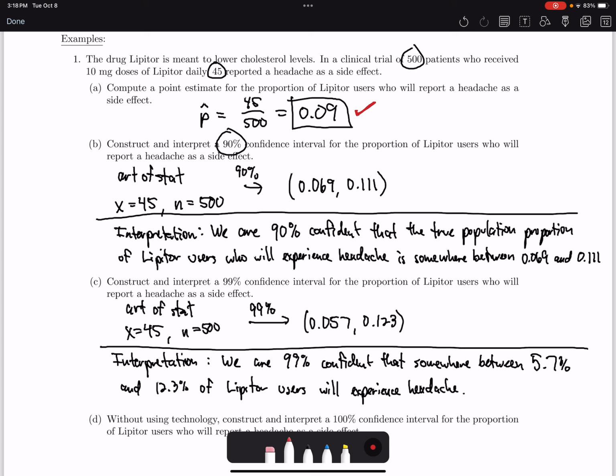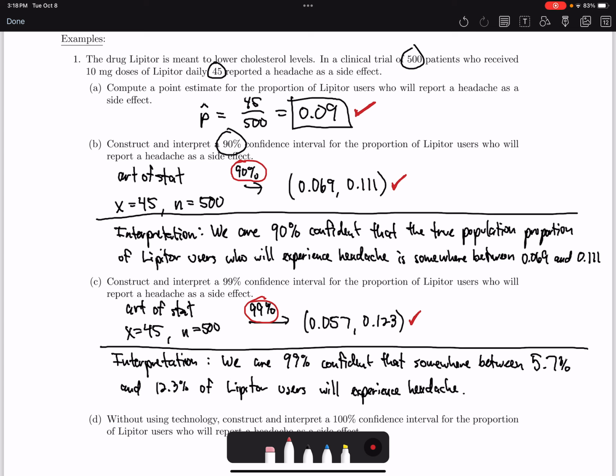But we can't be at all certain that the population proportion is exactly equal to 0.09. What we can be sure of, we can be about 90% sure that the population proportion of Lipitor users who will report a headache as a side effect is between 6.9% and 11.1%. We can be 90% sure of that. We can be 99% sure that it's somewhere between 5.7 and 12.3%.